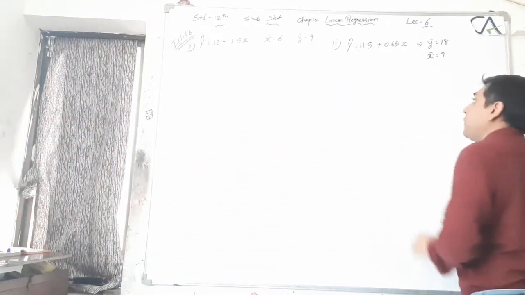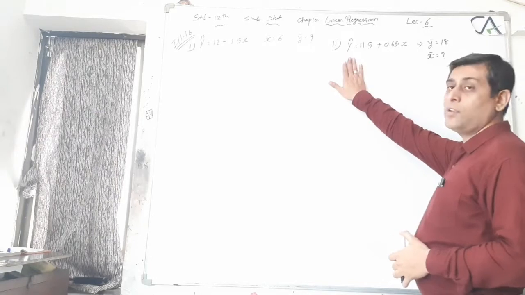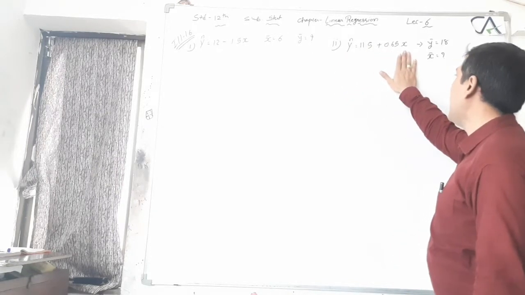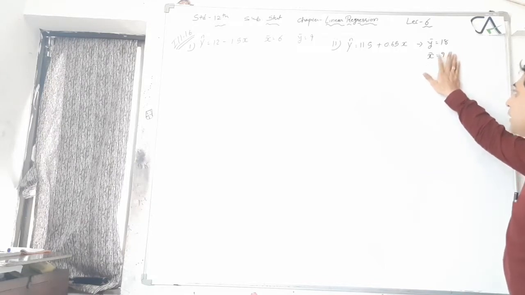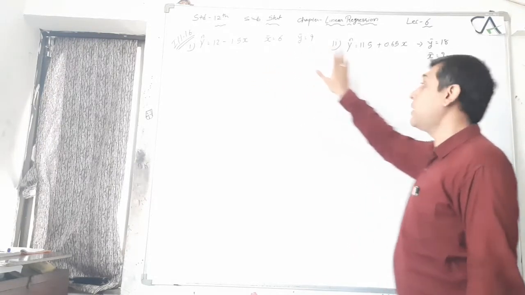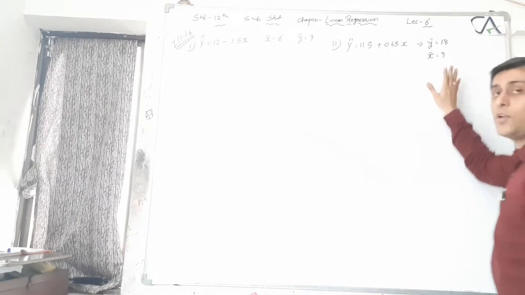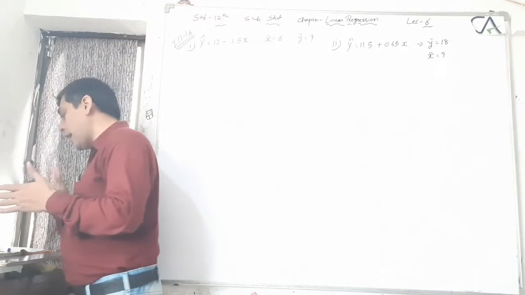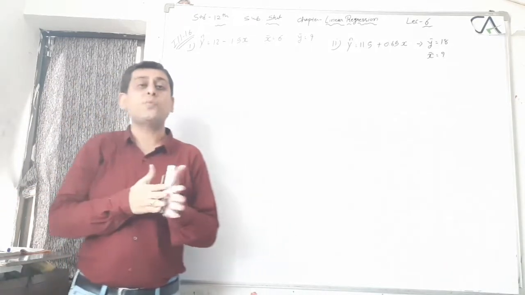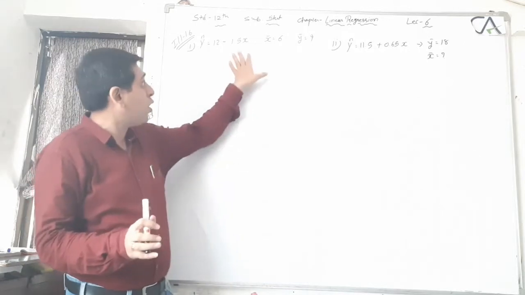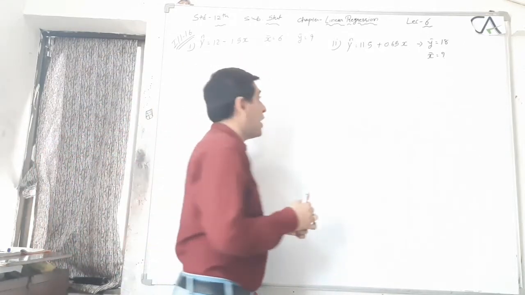Here is the second part. Regression line of y on x is y cap equal to 11.5 plus 0.65x, y bar is equal to 18, and find out x bar. In the first, x bar is given and we have to find out y bar. Here, y bar is given and we have to find out x bar. We know that the regression line always passes through x bar and y bar.